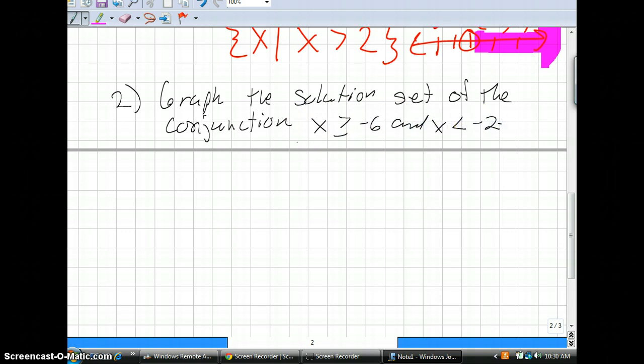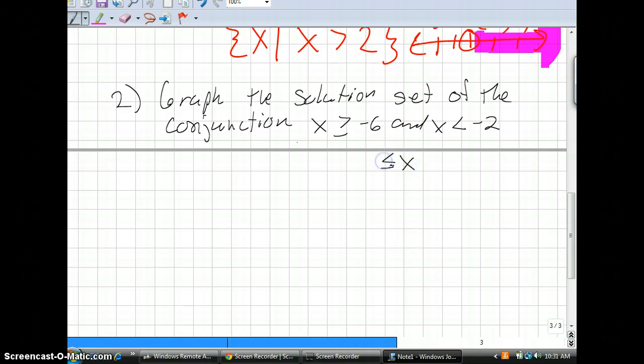Okay, now another way that this one might be written, and it means exactly the same thing, is -6 less than or equal to x and x less than -2. That's a very common way for a conjunction to be written.